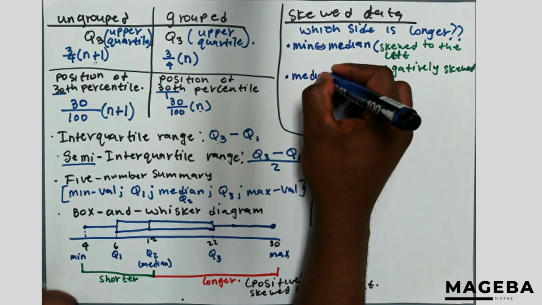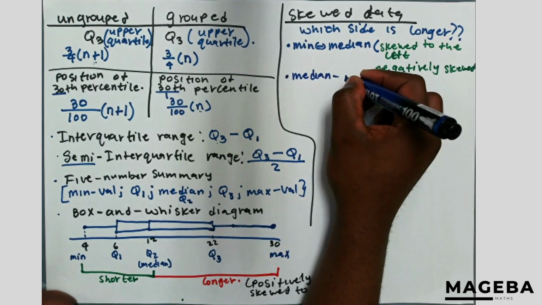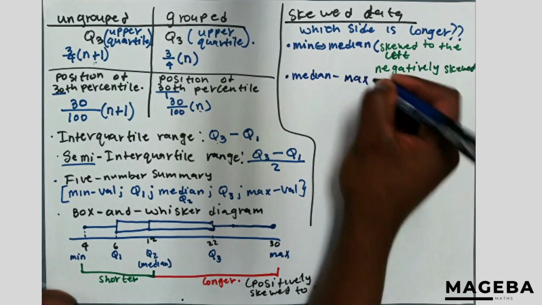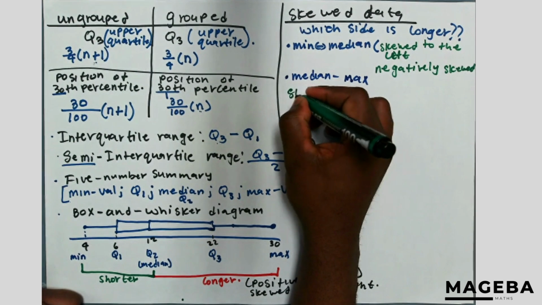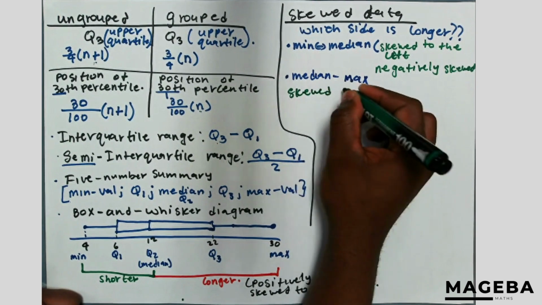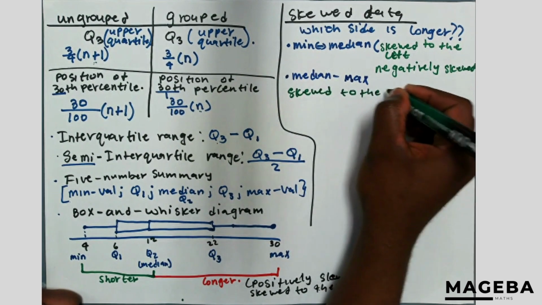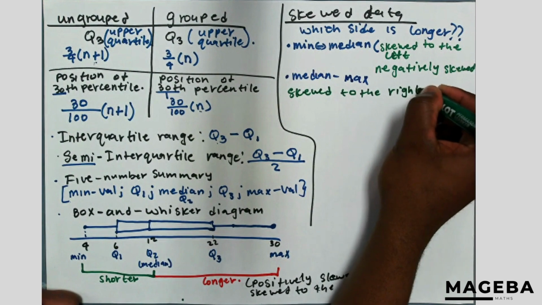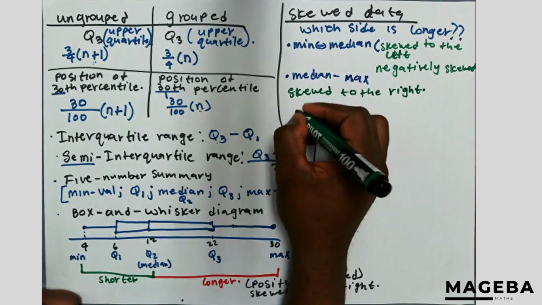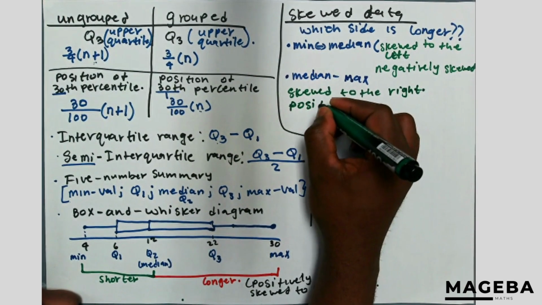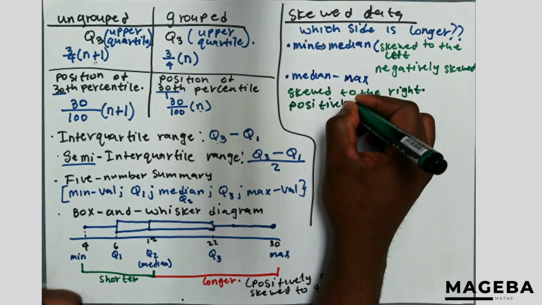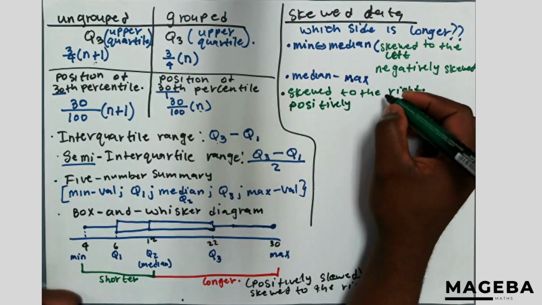Now, from the median to the maximum, we've already touched this one. We're going to say it's skewed to the right, or it's positively skewed because it's going to the positive numbers.